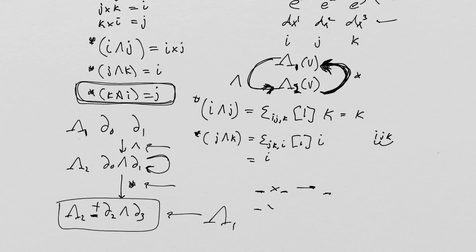I'm going from vector cross vector equals basically another vector cross vector, right? If I define the cross product as being the Hodge dual of the wedge of alpha and beta, I end up with something in the dual space, something in the second exterior power of the vector space.